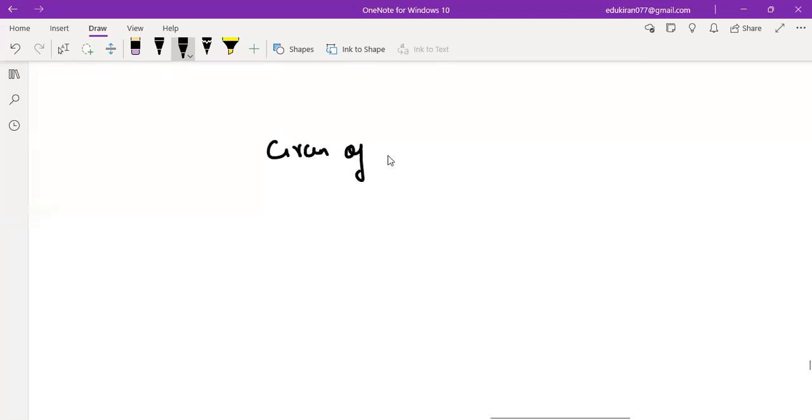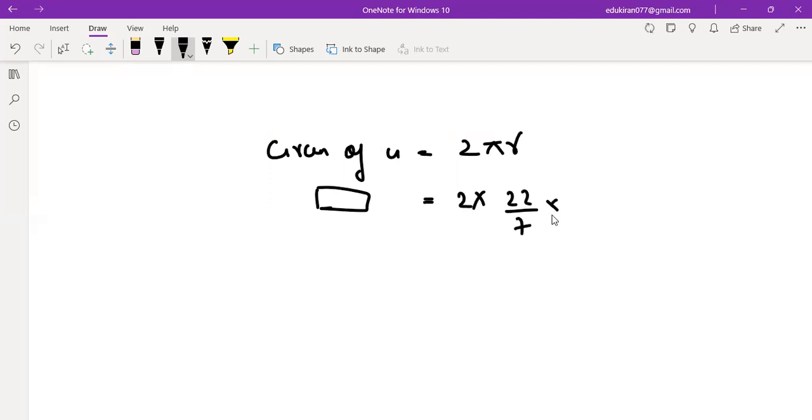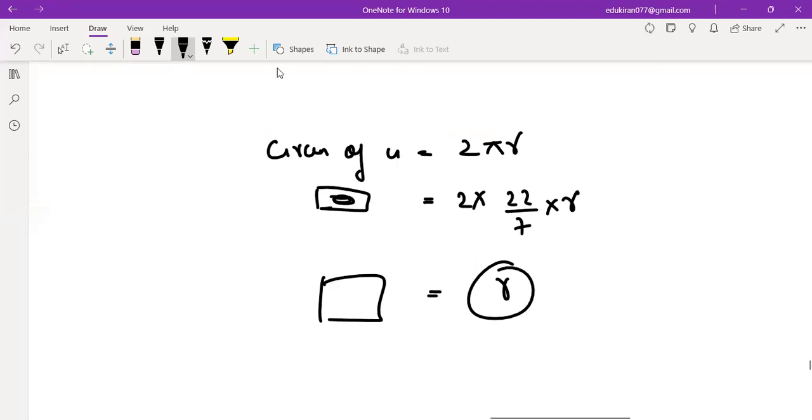Circumference of a circle is what? 2 pi r. Circumference is already given to you. 2 multiplied by 22 by 7 multiplied by r. Can't you find r? Just bring all the values here, leave the r here and solve it. You remember?